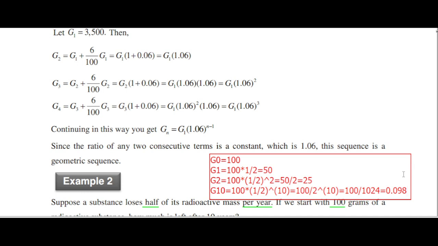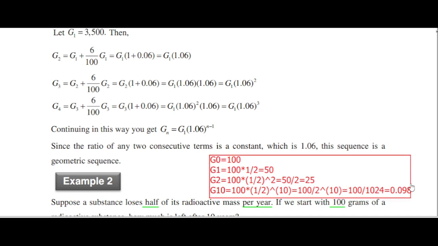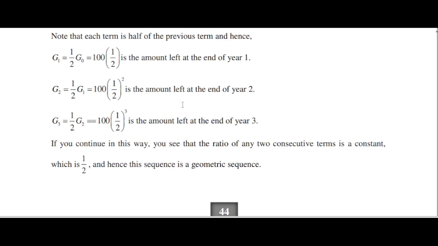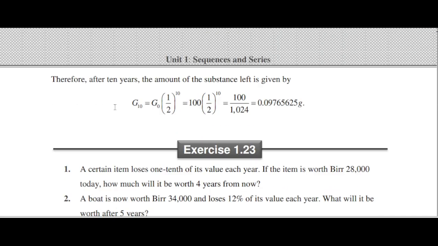This is for G10. G10 is equal to approximately 0.098, so we can approximate it like this.